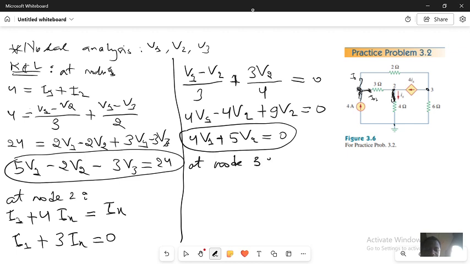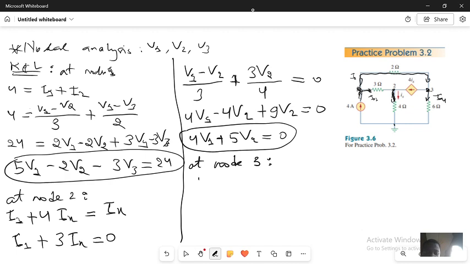At node 3, in this node, this current I1 is entering, and this current is leaving; only I4 will be leaving.